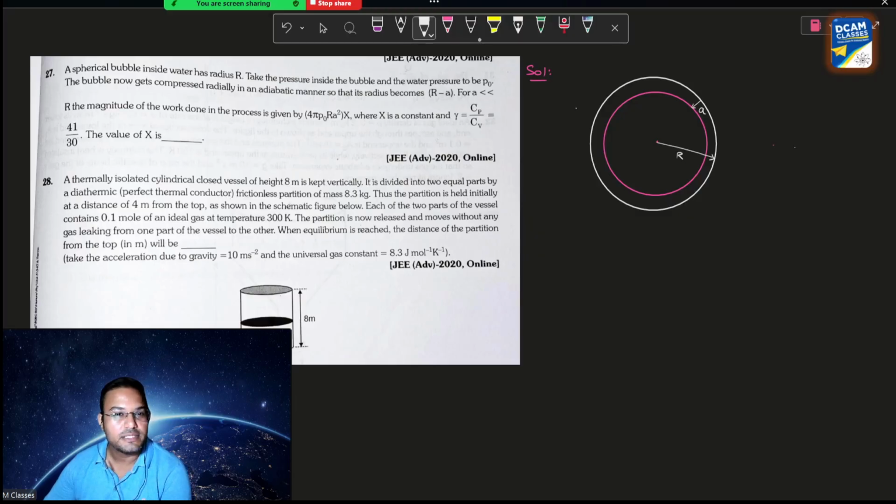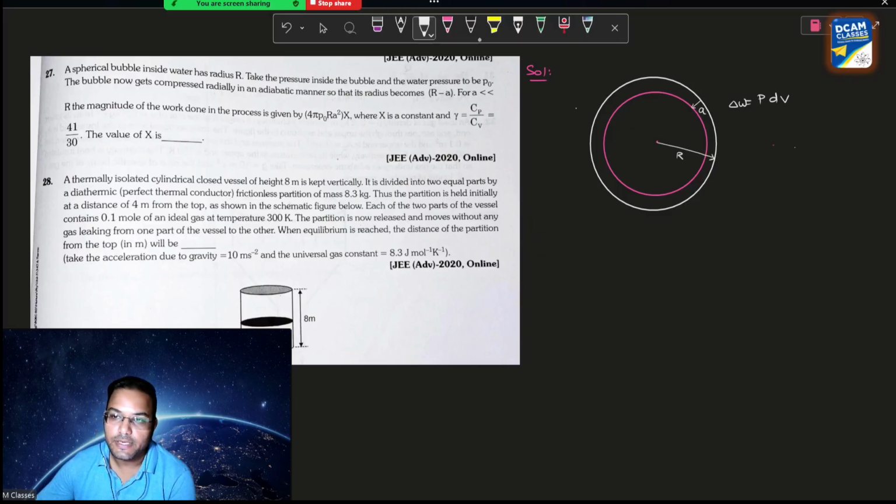See, nothing is given to us. It's actually compressed in an adiabatic manner. If we solve using the adiabatic way, we should have the relation, but we don't have it. In this case, we can use P dV as the work done.